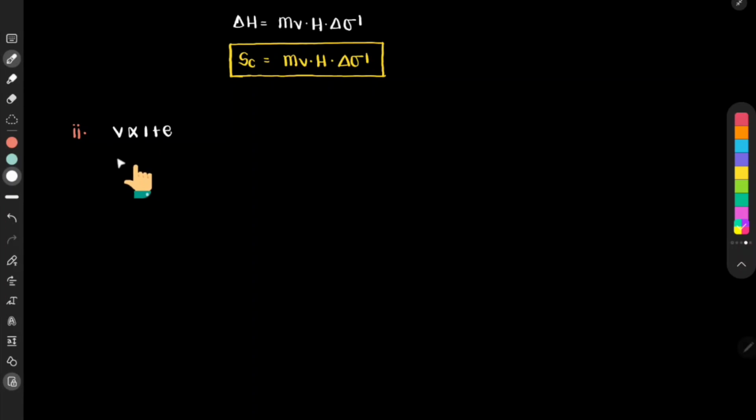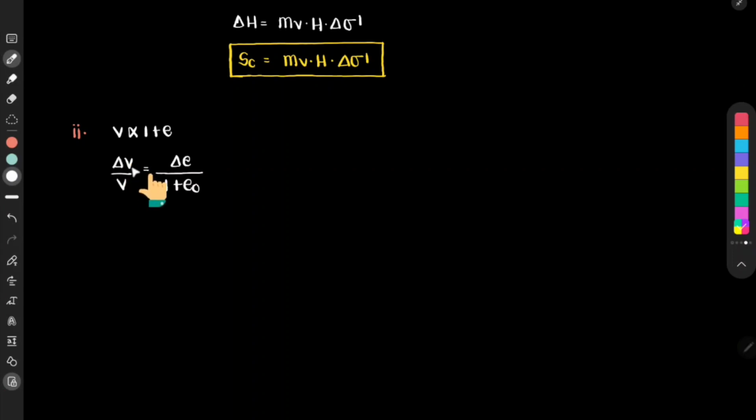So now we can say that delta V by V is equal to the change in void ratio by the original volume, which is 1 plus E naught. E naught is the void ratio of the soil before the consolidation, before the compression, or before the volume changes.